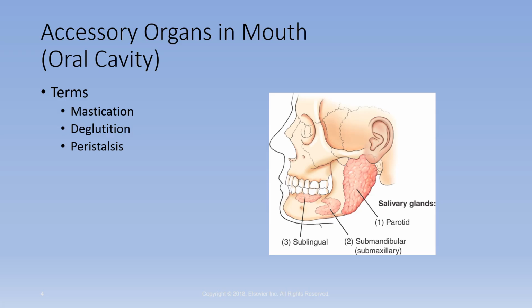Once we swallow, which is termed deglutition, the rest of the digestive tract comes into play and takes over. So 3 pairs of salivary glands, 6 total. Mastication is chewing, deglutition is swallowing, and peristalsis is the alternating waves of contraction and dilatation that move food through the digestive tract.